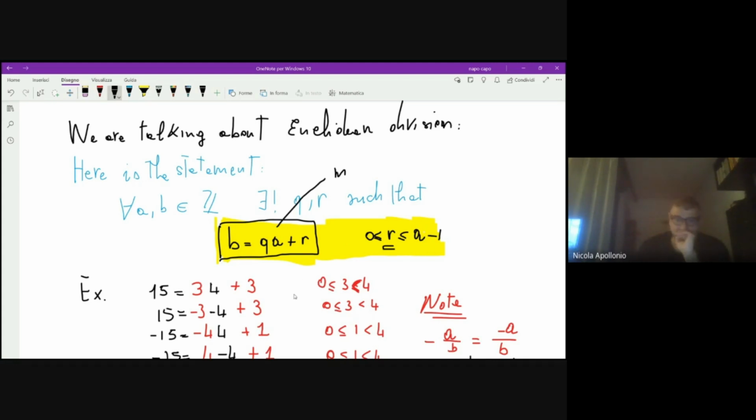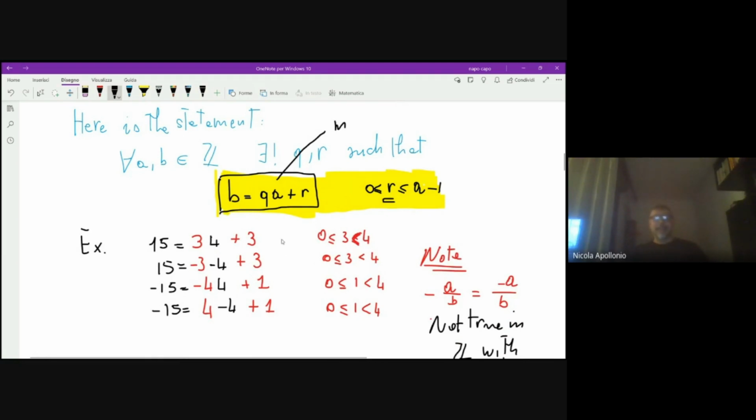Now, just to be sure that everything is clear, let us do some examples, because it is quite different from the usual division we know, which is more difficult somehow within the rationals, because we have a constraint, and the constraint is that the approximation error, the remainder R, oh, sorry, maybe I forgot to recall that Q is called the quotient, and R is called the remainder.